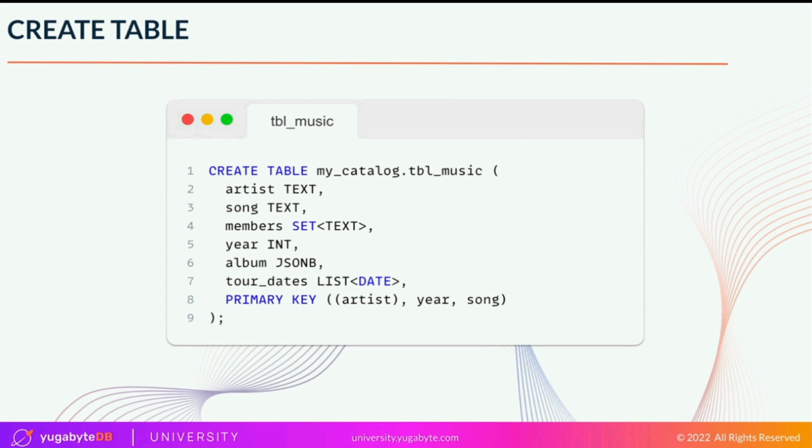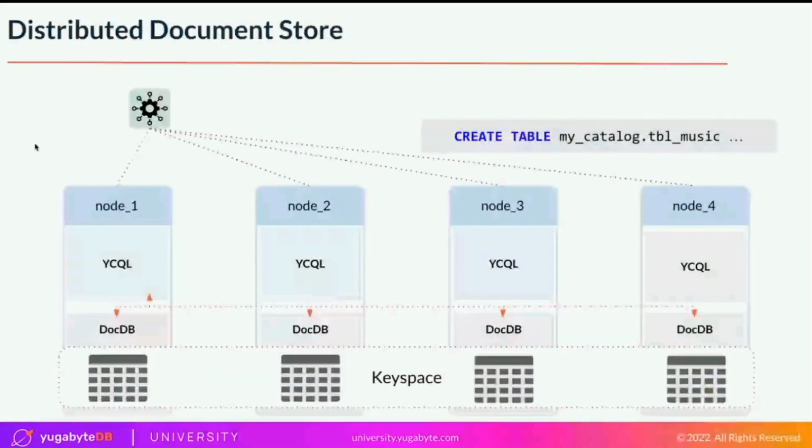This gives it that NoSQL semi-relational ability to have more complex data models. Note that the data types of the elements inside the set, list, or map must be defined. However, in JSON-B, it does not. So in the next slide, we'll talk a little bit more about the distributed document store.